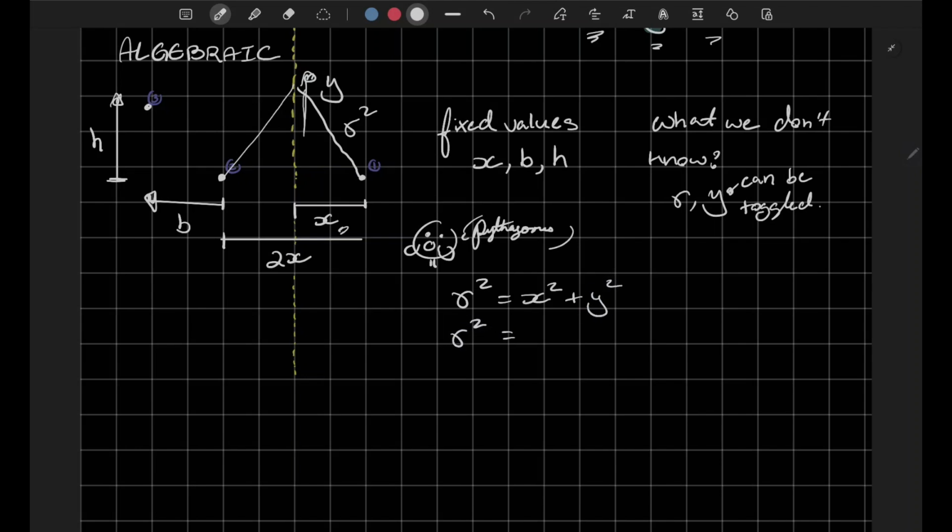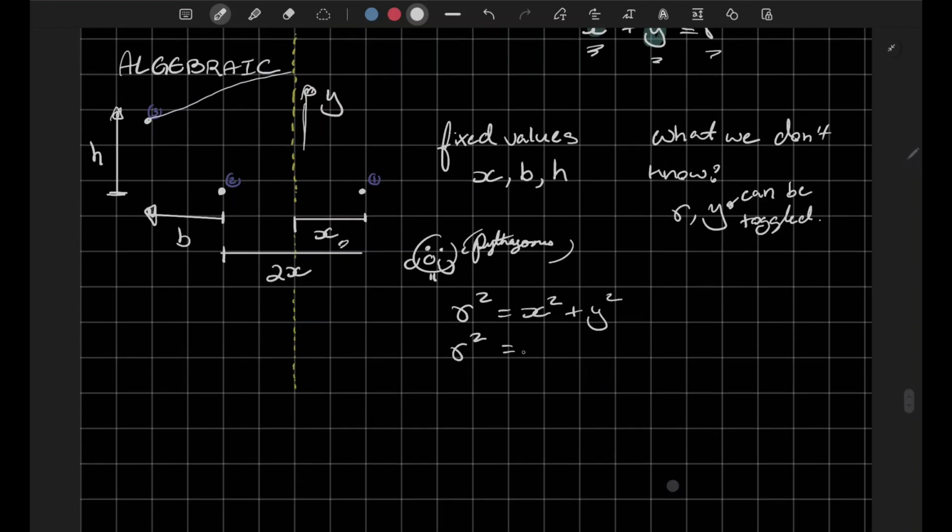R squared is going to be x squared plus y squared. But r squared, because we want the radius to be the same, we want them all to share the same r, is also x, in this case, plus b, because it's moving towards the center, so it's b plus x, squared, plus y, wherever our y position is, where here y is equal to 0, minus h, right?